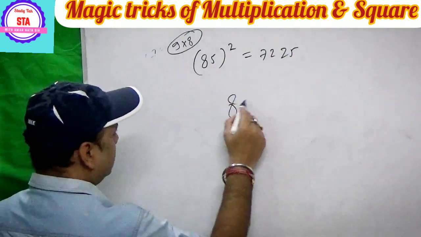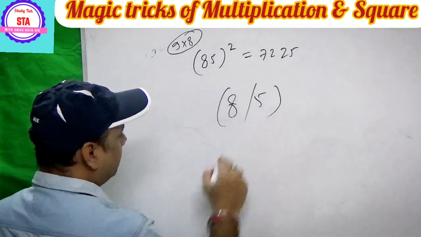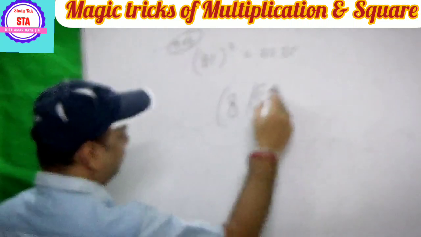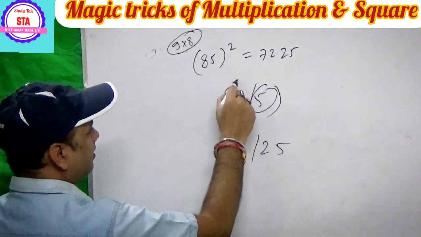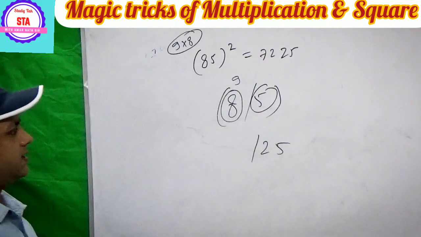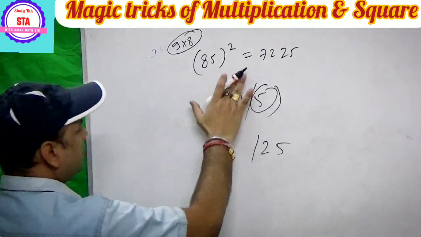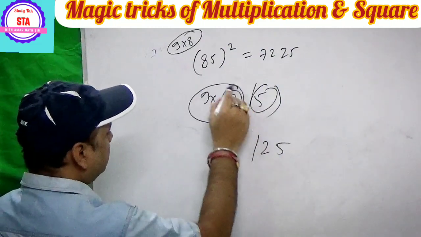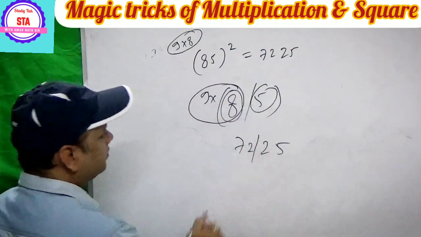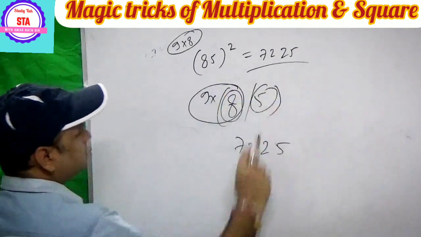Write down the square of 5, that is 25. Increase this number by 1, that is 9. 9 into 8, that is 72. So the square of this is 7225.